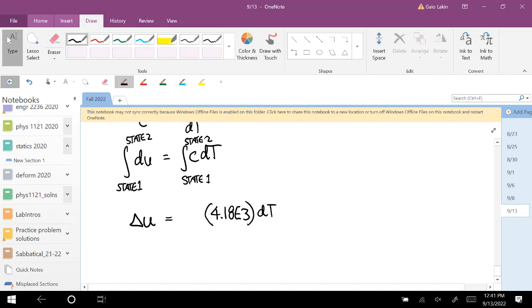The temperature goes from 320 to 324, so you get 4.18 times 10 to the third times 324 minus 320, which is 4.